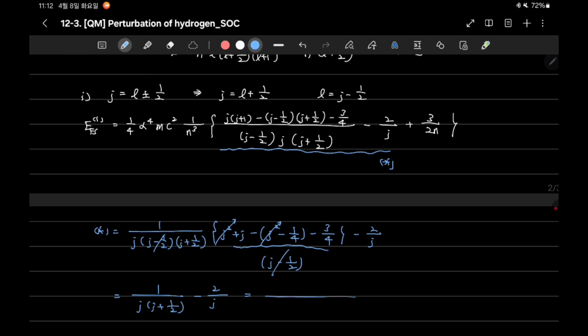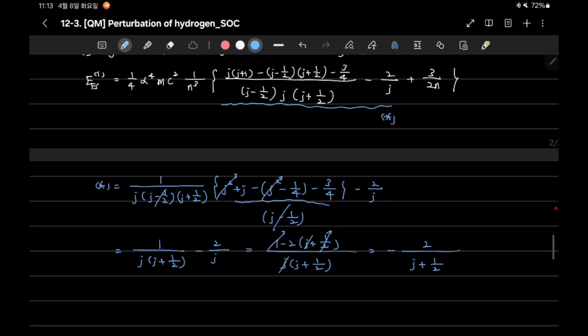Then it is j plus 1 half. Then it is 1 minus 2 j plus 1 half. Then it cancels with each other. It's minus 2, also j cancels with each other, over j plus 1 half.